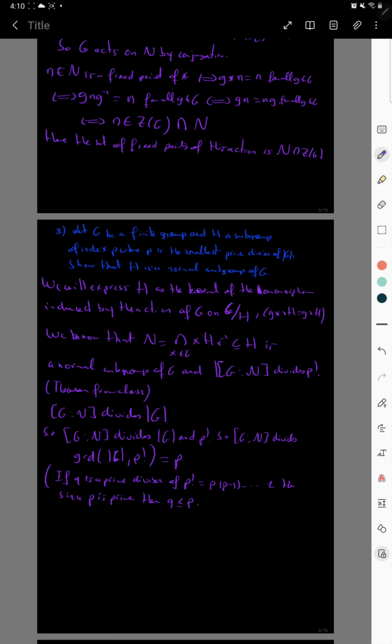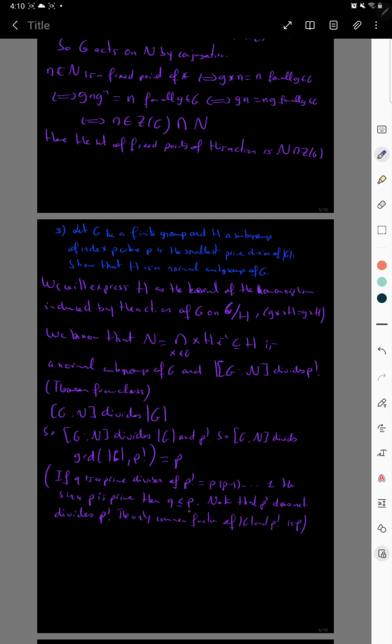Now also, note that p squared does not divide p factorial. So really the only common factor of |G| and p factorial is p. Because any prime divisor of |G| is p or more, and p squared doesn't divide p factorial, so the GCD doesn't contain the square. So the GCD of |G| and p factorial is just p.